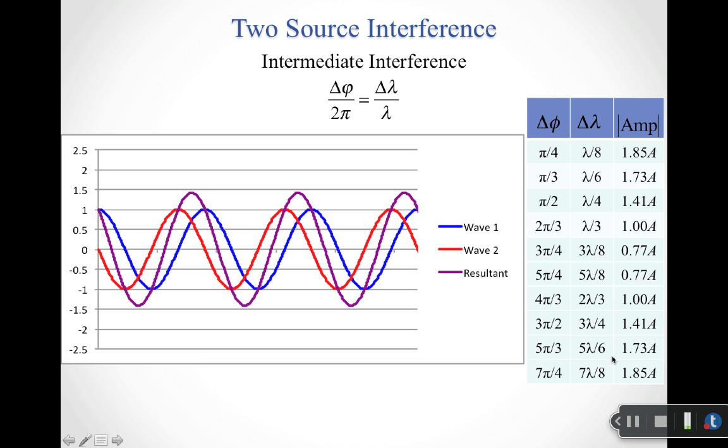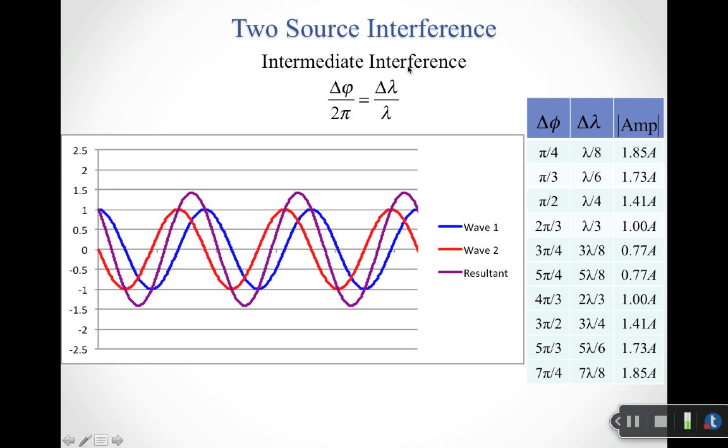We can say the same thing in terms of talking about their path difference. So I know that if the path difference is 0, then they perfectly line up. If the path difference is 1 wavelength, they perfectly line up. If the path difference is half a wavelength, they completely cancel out. So as I go from a path difference of 0 wavelengths to half a wavelength, the amplitude decreases. Once I cross over half a wavelength and head towards 1 full wavelength, again, they're starting to line back up and the amplitude increases.